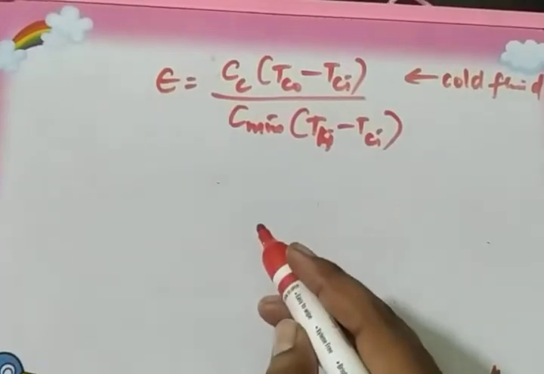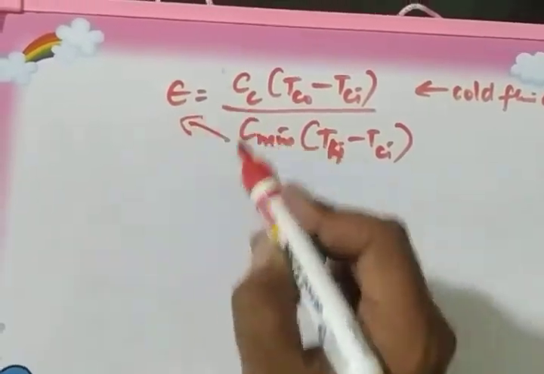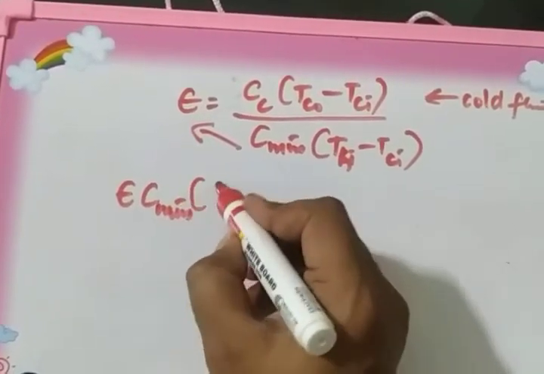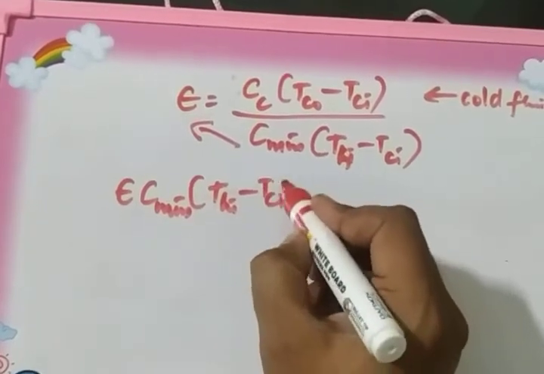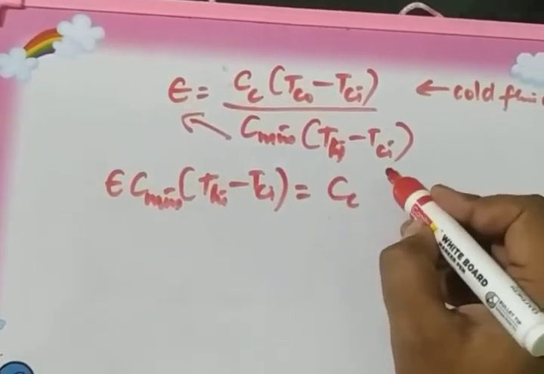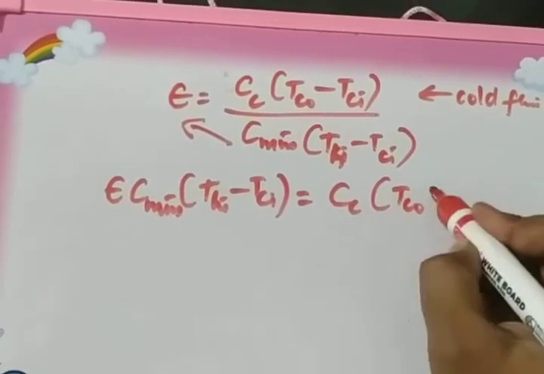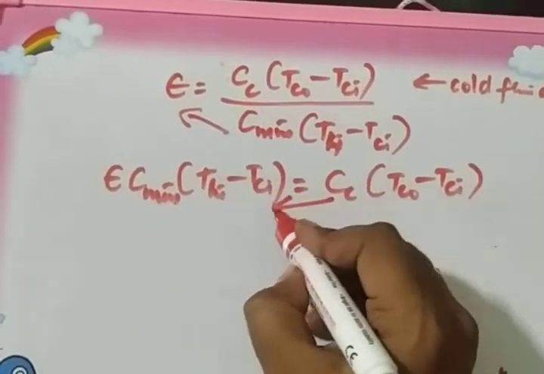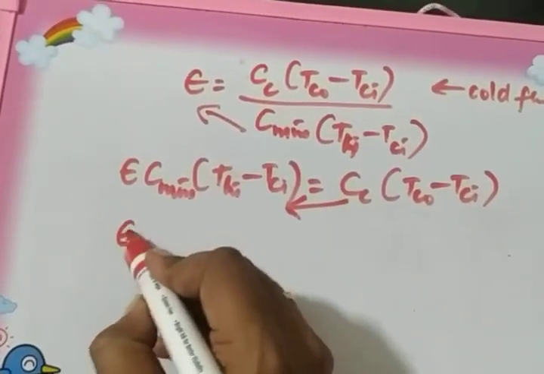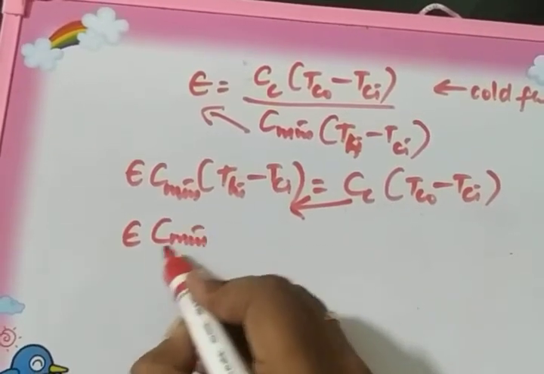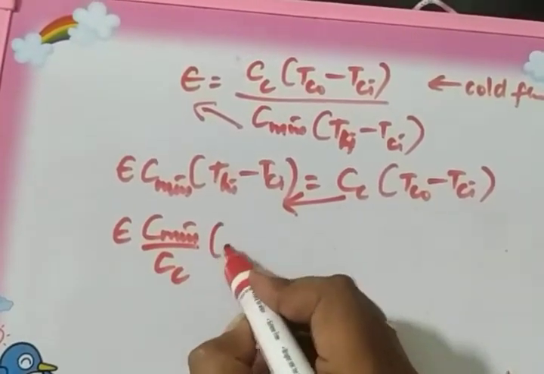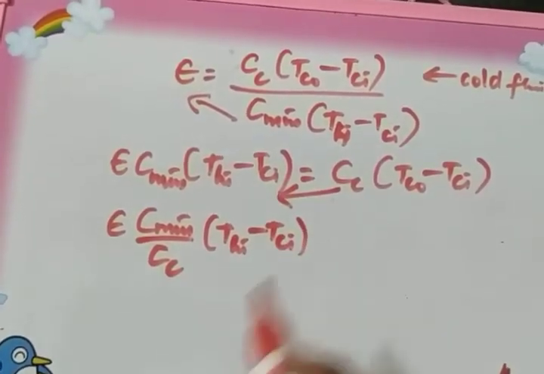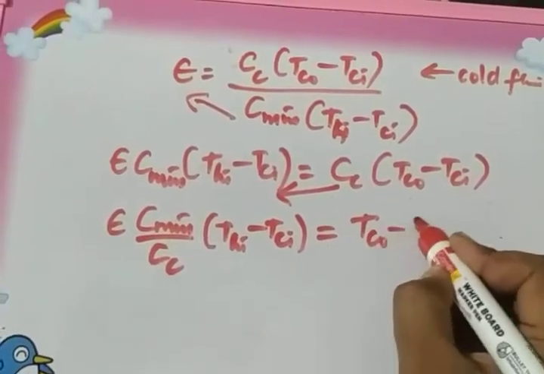Now again bring this denominator to this side in the same manner. So I can write effectiveness into Cmin into THI minus TCI is equal to Cc into TCO minus TCI. Now bring this Cc again to the LHS. We can rewrite it as effectiveness into Cmin divided by Cc, multiplied by THI minus TCI, that should be equal to TCO minus TCI.